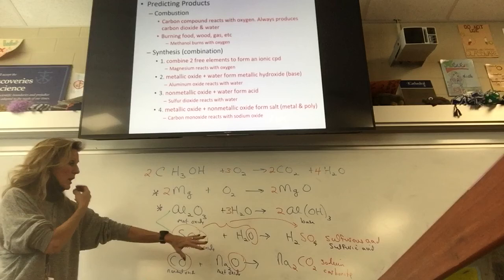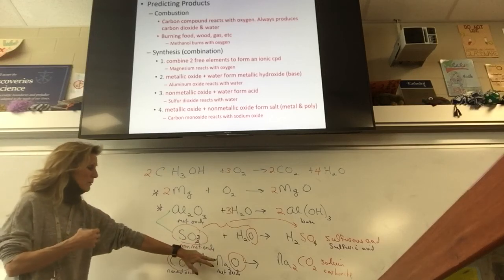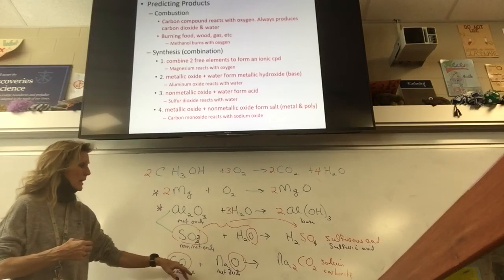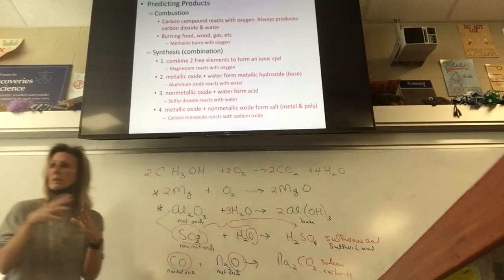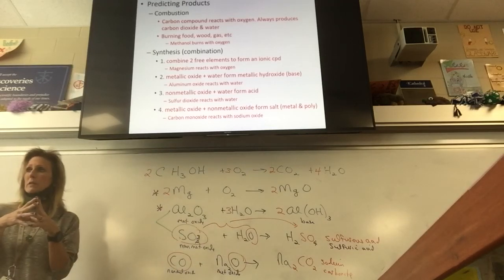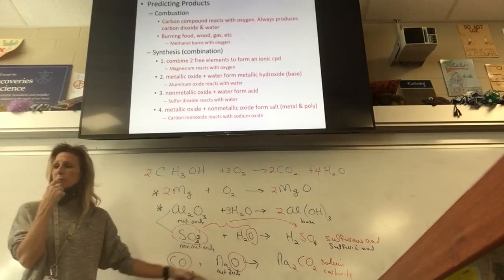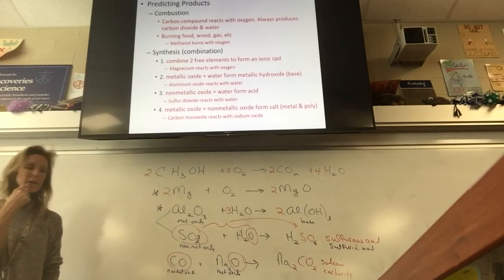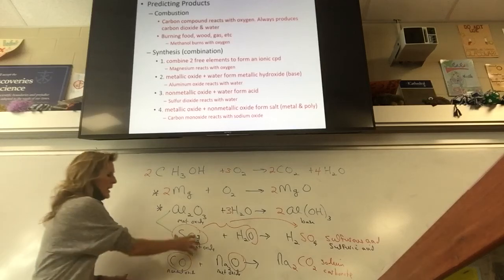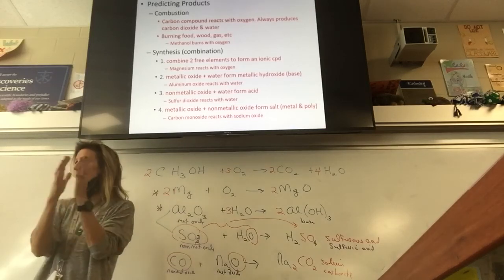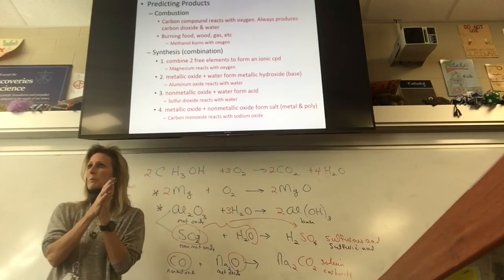So the metal just reacts with this non-metallic oxide, and the non-metallic oxide becomes a polyatomic with the other oxygen, and then it forms the salt with that. Yeah. But yeah, these last two, you just smush everything together to make the one product.